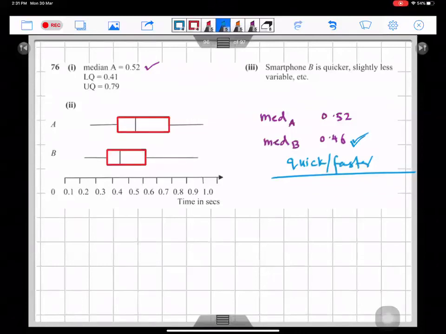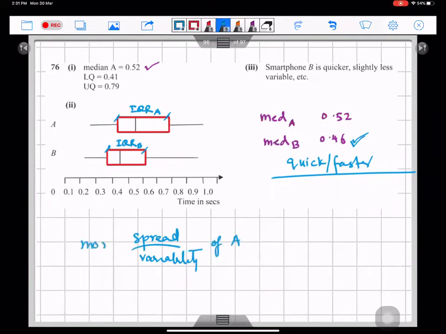This is the interquartile range of A, this is the interquartile range of B, between this value and this value. So there is more spread and more variability in the loading times of A as compared to B.